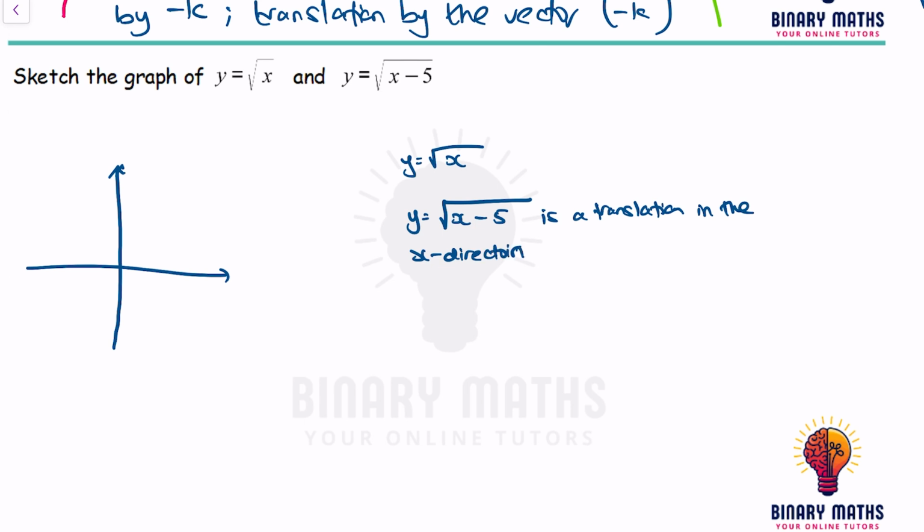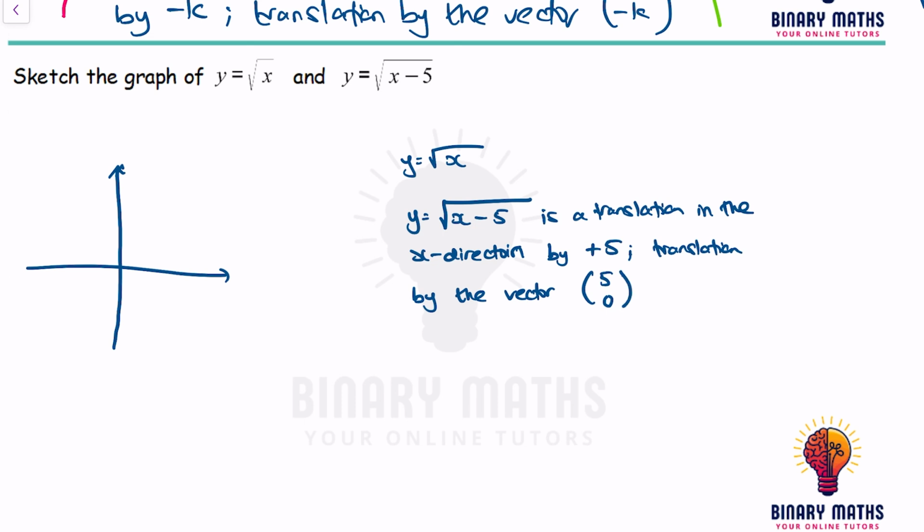So if it says minus 5, it's actually translating in the x direction by positive 5. If you want to say it in other words, it's a translation by the vector 5, 0.